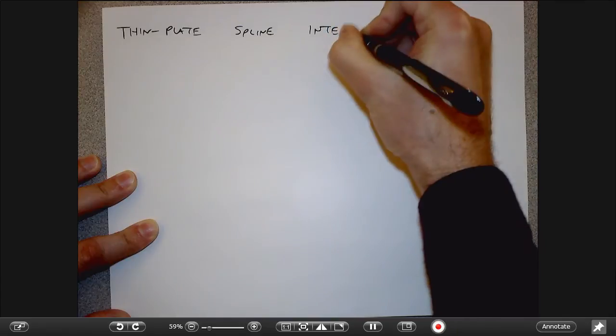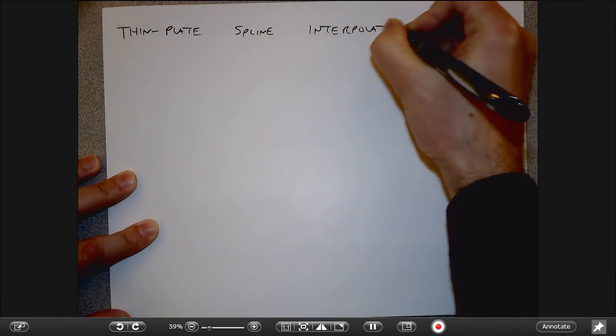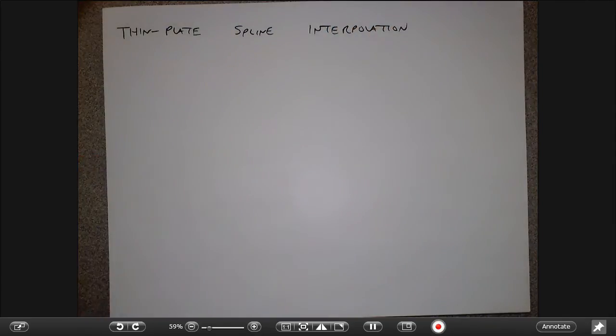As a side note, this gets its name from what would happen if I were to take a piece of metal and fix it at a bunch of known points, and ask what shape the piece of metal takes in between those points. It turns out that the shape it takes is what's called a thin plate spline, which tries to minimize a physical bending energy.